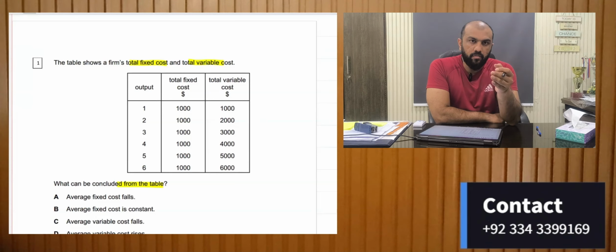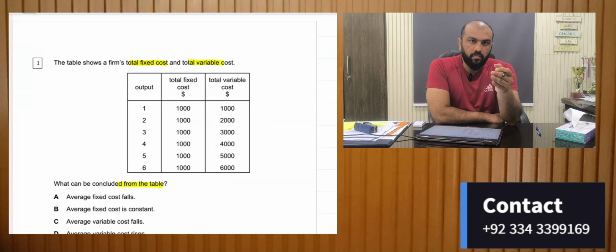All right, so we are at a point where our marginal cost is less than the average variable cost. So we can say we are at point X. Marginal cost is less, average variable cost is high.